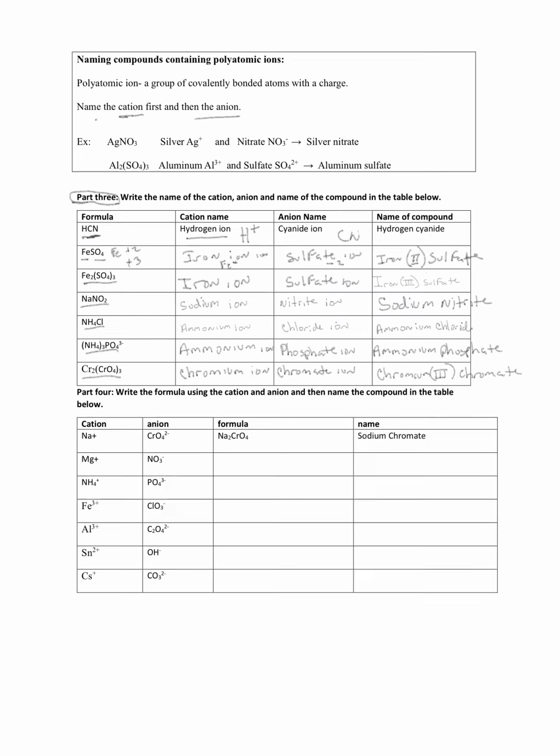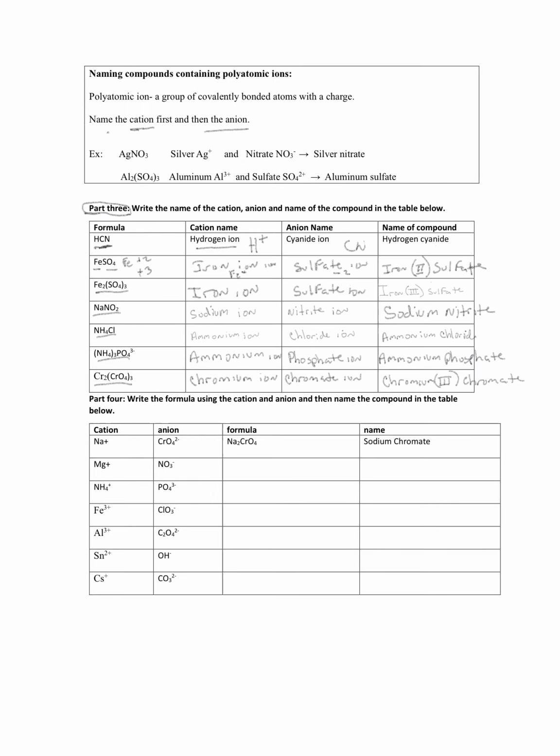So now I wrote down the answers for the remaining polyatomic ion-containing compounds in part 3. If we look at this one, Fe2(SO4)3, the first one is the iron ion, and then you have the sulfate ion.